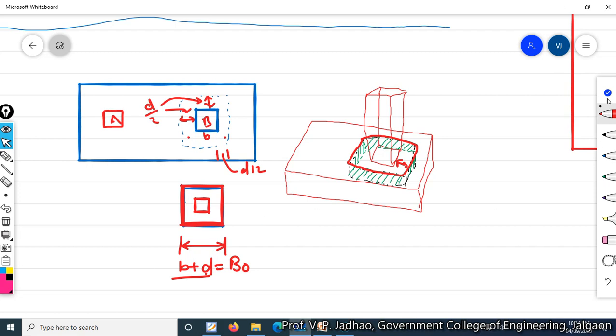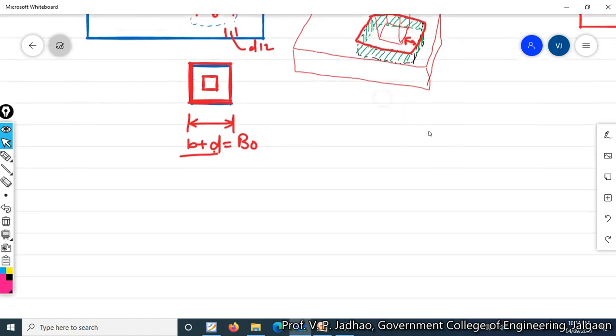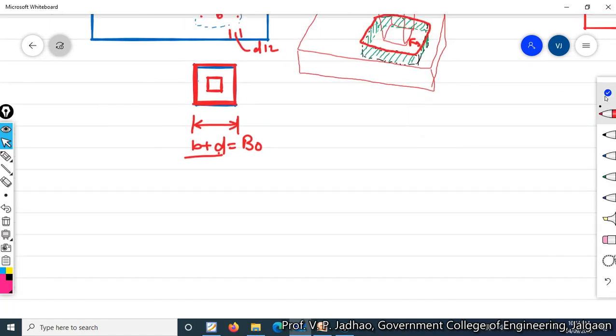So now we should also keep in mind that we have some upward uniform pressure acting on this particular footing.